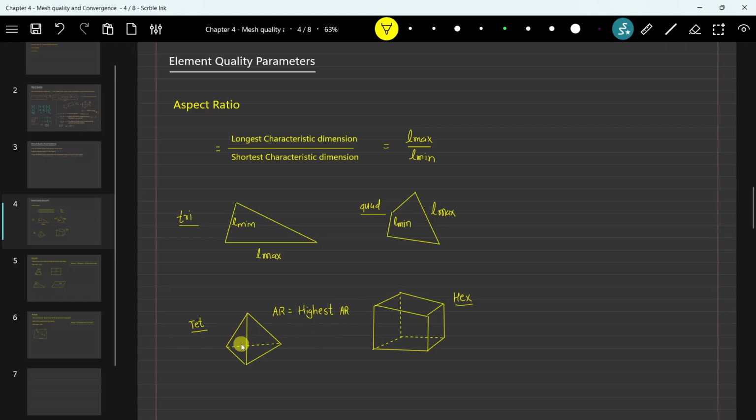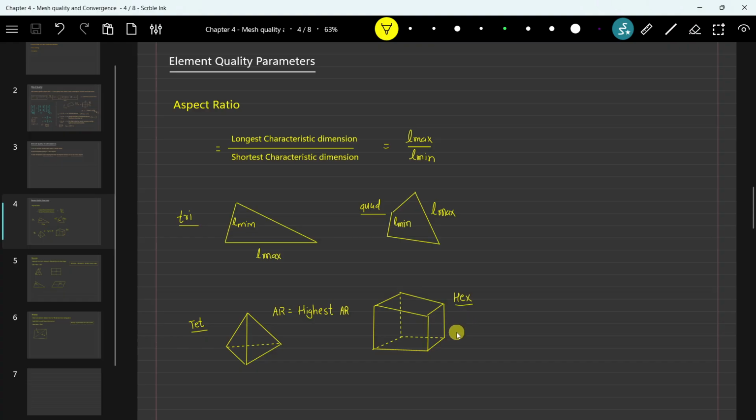Similarly, for a hex element, it has 6 faces, and the aspect ratio is the highest among these 6 faces' aspect ratios.